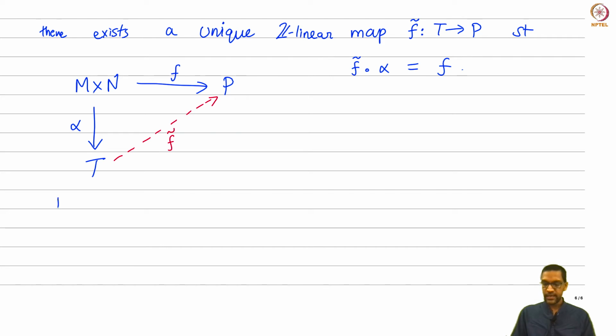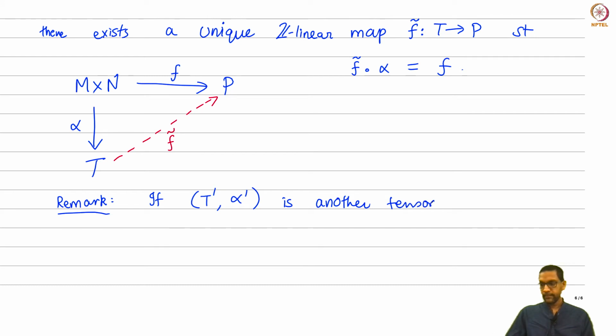Observe, firstly, as before, you can think of all this in terms of categories and functors: this is a certain initial object in a suitably defined category. But the key point here is that, by similar arguments to what we did before, if T prime, alpha prime is another tensor product, then there is a unique isomorphism between them.